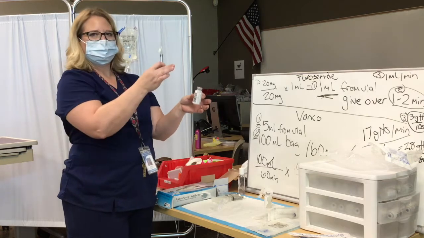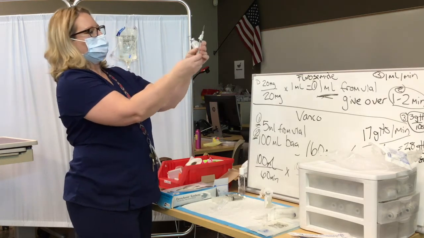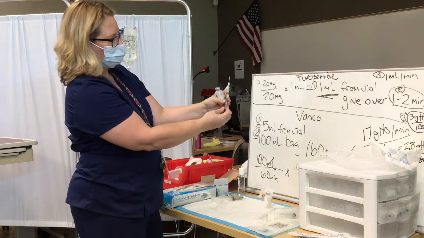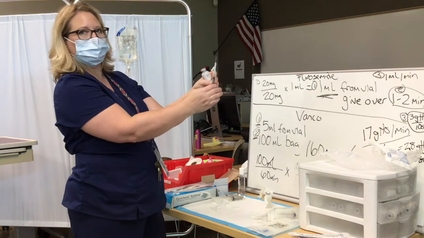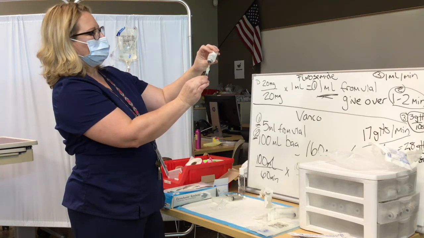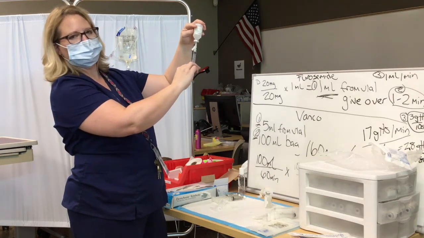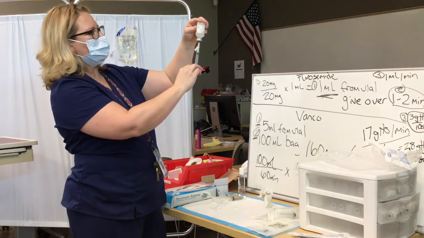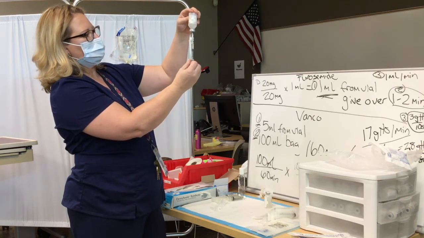So we had 30 seconds of scrub, letting that dry. Pull back on your syringe 1 milliliter so that you have some room in there. We're going to put it in the vial and inject that air into the vial, and that's just to prevent causing a vacuum, and it's easier to pull out your med. And you're going to pull out a milliliter.